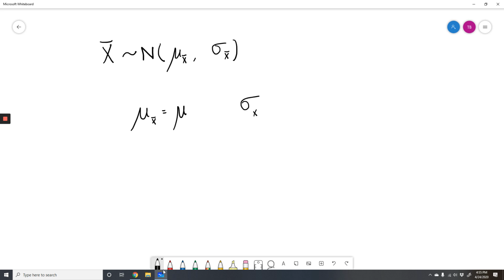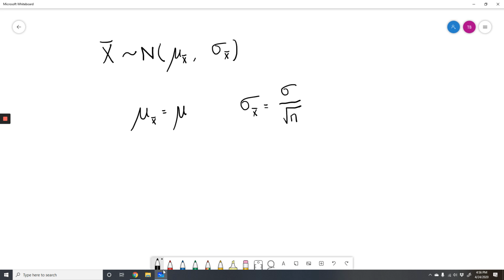And sigma sub x bar is the population standard deviation, sometimes called sigma sub x, I'll just write it as sigma for now, divided by the square root of n, where n is the sample size.